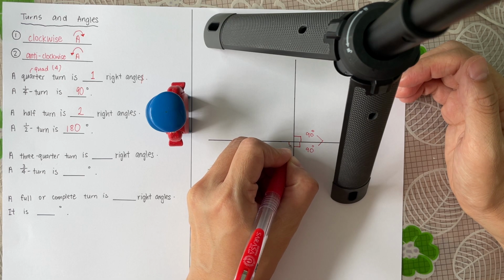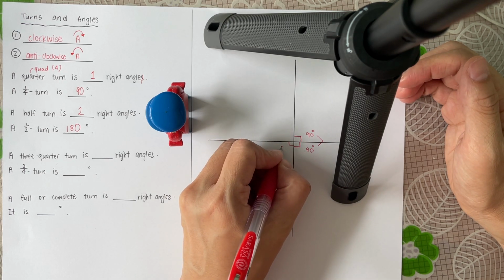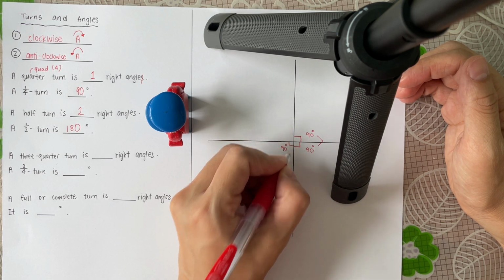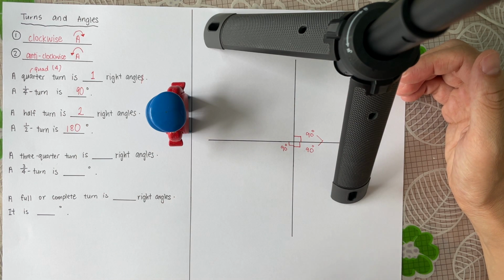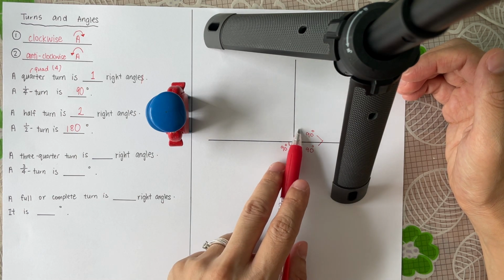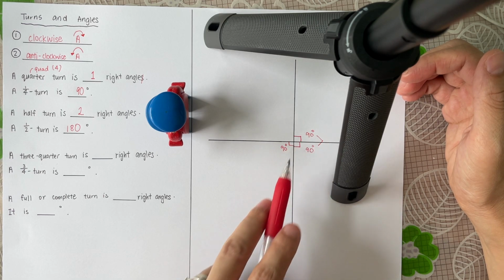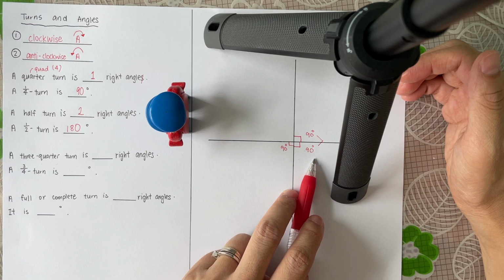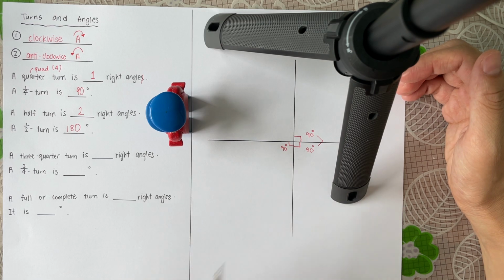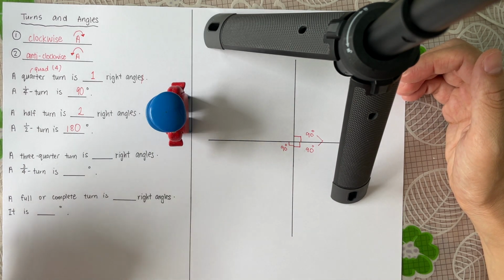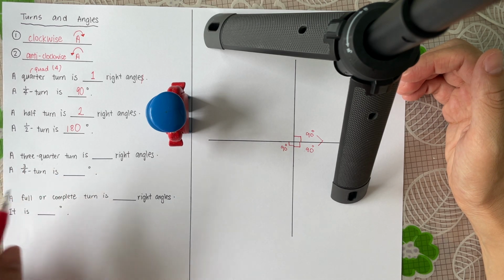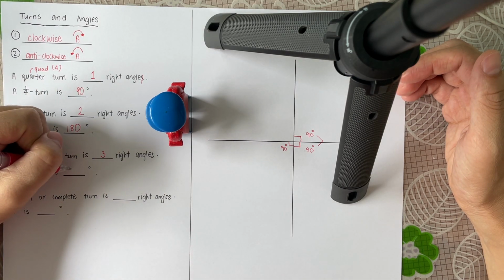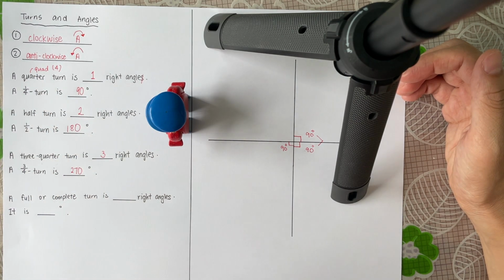And hey, this would also measure up to 1 more right angle, which is 90 degrees. And so we can say that a 3/4 turn is how many degrees? 90 plus 90, 180. If you add another 90, that will be 270. Therefore, a 3/4 turn is 3 right angles. A 3/4 turn is 270 degrees.